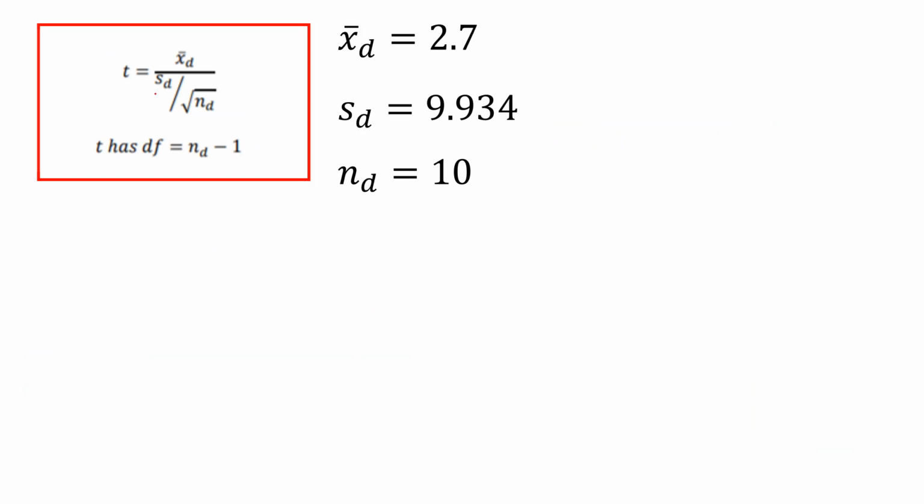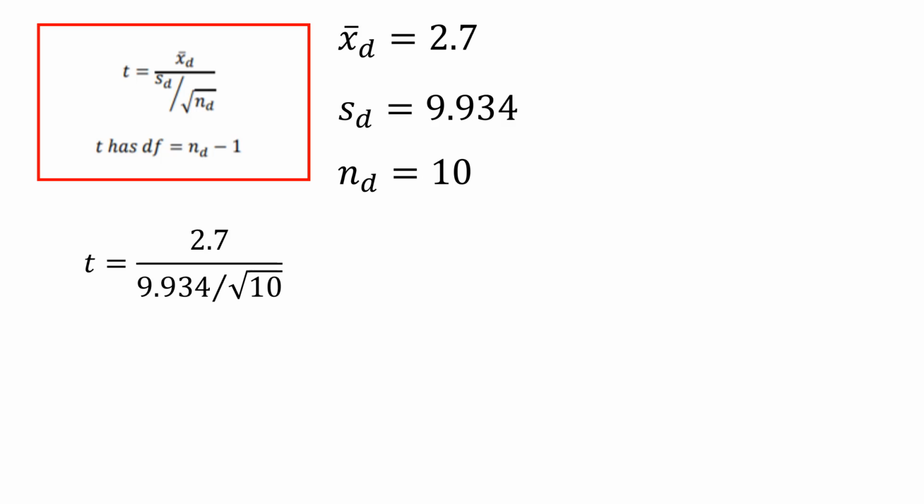So here's my formula. This is straight off the formula sheet. And here's the mean of the differences and the standard deviation of the differences that we found using Excel just a couple minutes ago. And the number of differences I have is equal to 10. So when we're looking at sample size, we're looking at the number of pairs in a paired data design. So now I'm going to take these numbers and plug them into my formula here.